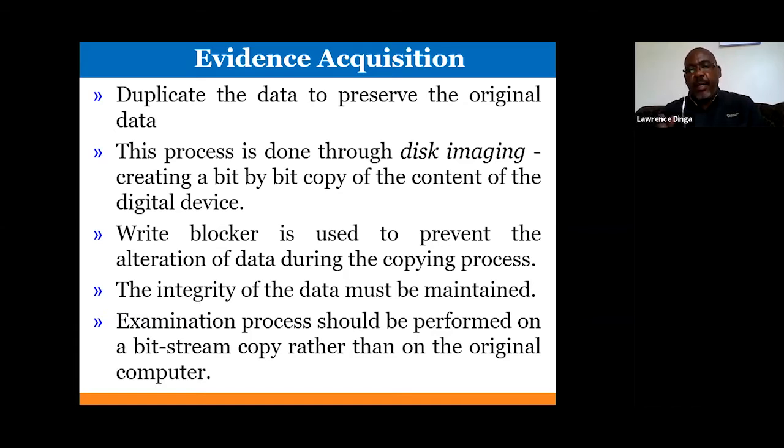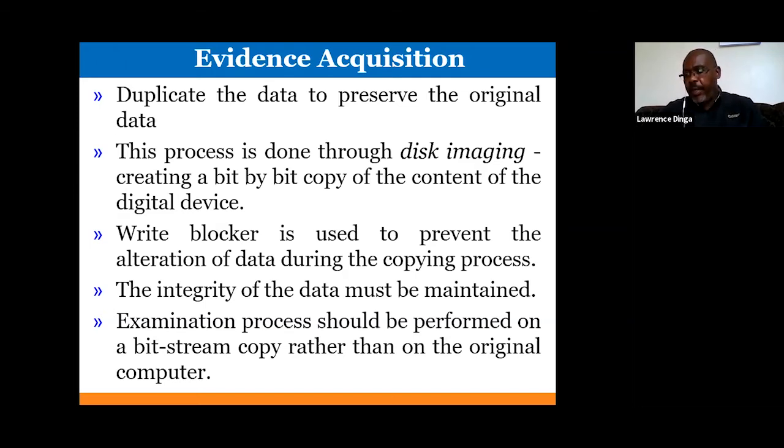Now, don't worry about this, because the software that you are going to use will always calculate this hash value for you. The algorithms that are used for doing this: there's one called MD5, message digest version 5.